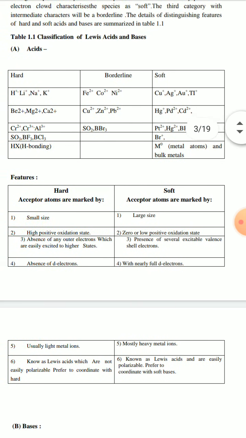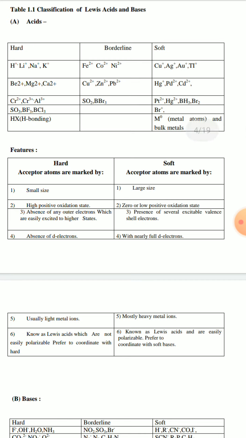So we can characterize hard and soft acids. Hard acids are small in size and soft acids are large. Hard acids have a high positive oxidation state, and soft acids have zero or low positive oxidation state.